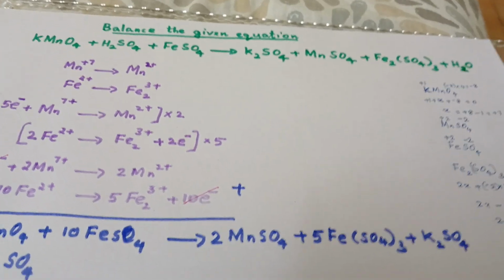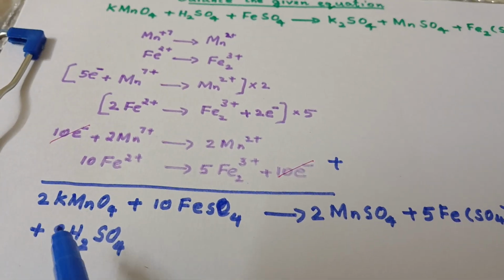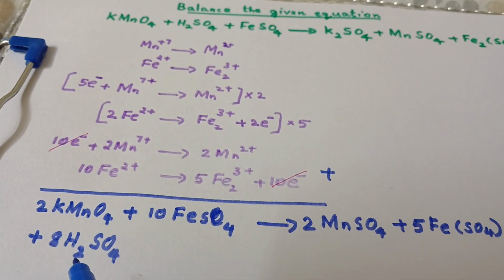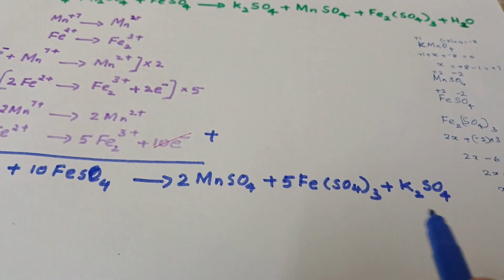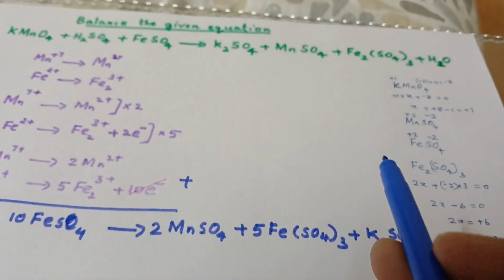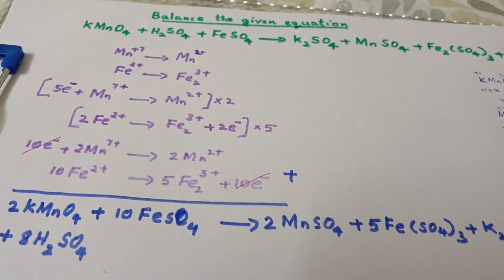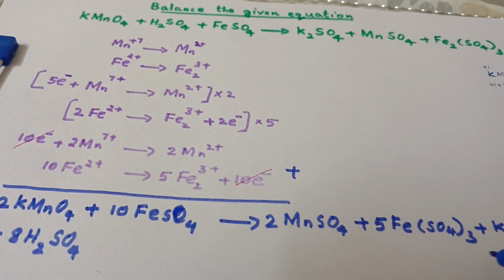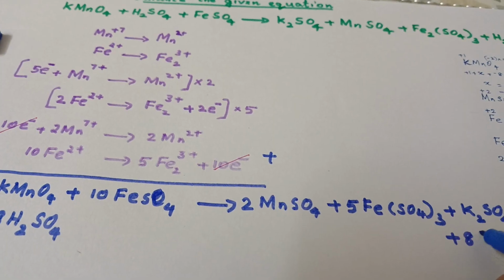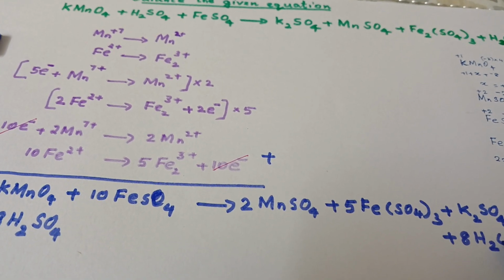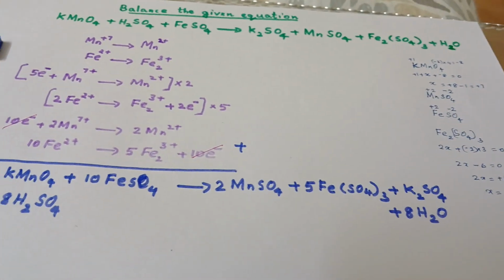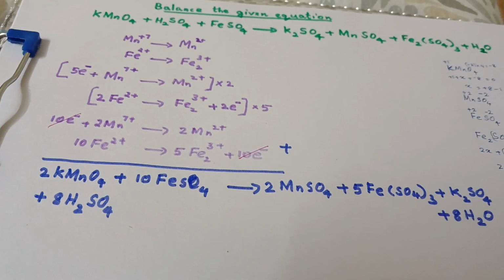Now what else? Here we have 8 H2 and on the right hand side there is no H2, but in our original equation there is an H2O. So let us make that 8 H2O. So the number of hydrogens is also balanced.